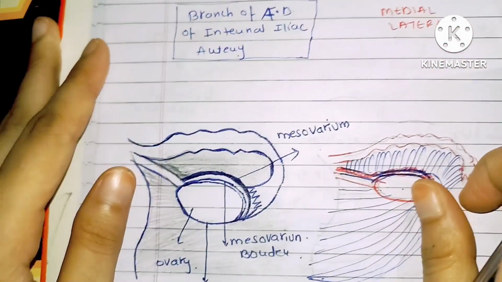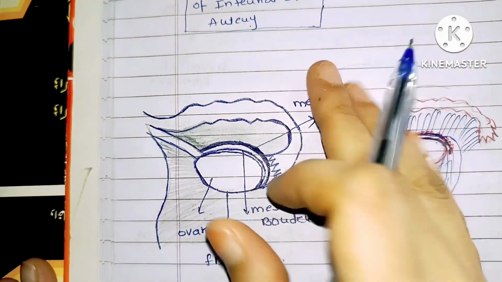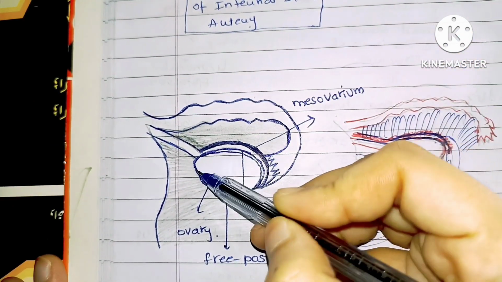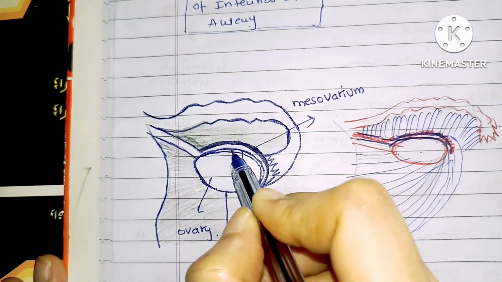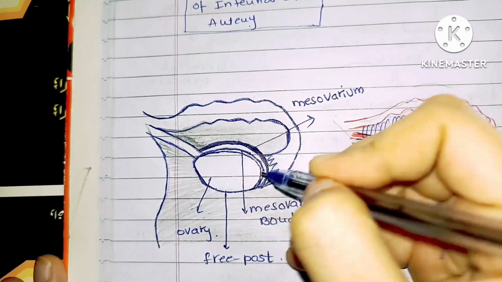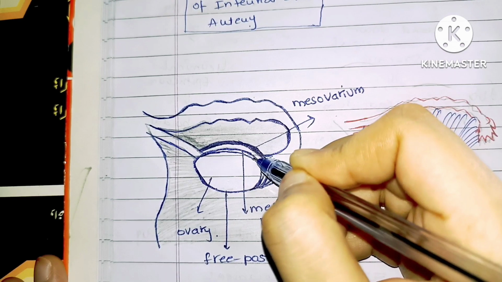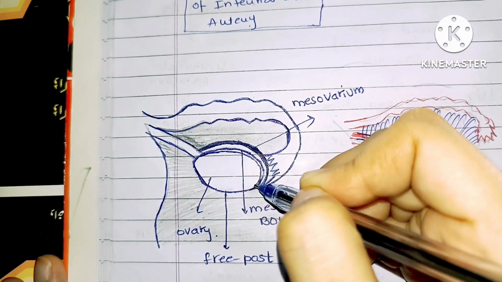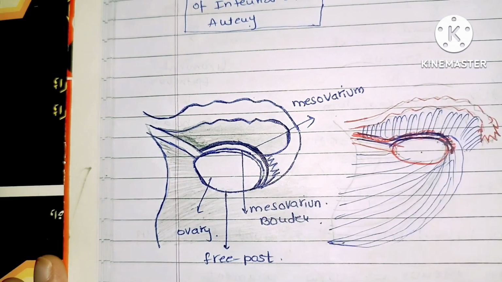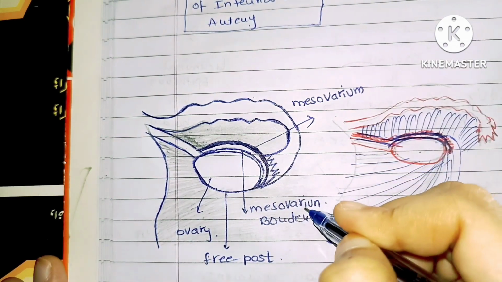Now from this diagram you can understand. See, this is the ovary. This is the ovarian ligament. Now it has a border, this border. Anteriorly it has a border, and this border is known as the mesovarian border.